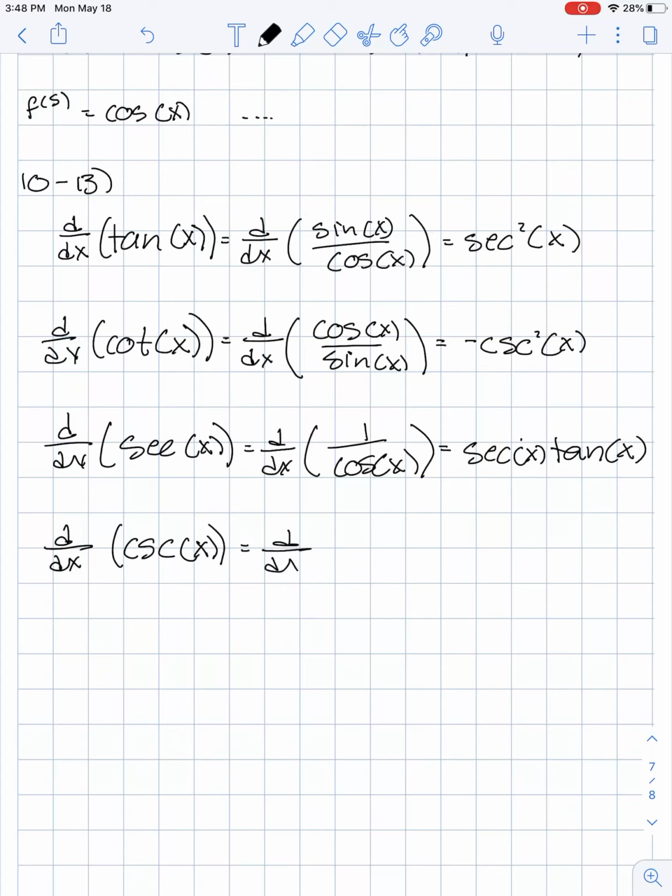The derivative of cosecant x is going to be the derivative with respect to x of 1 over sine of x. And that derivative is, if you've seen the pattern so far, it is negative cosecant, actually no, it's positive, cosecant of x cotangent of x.